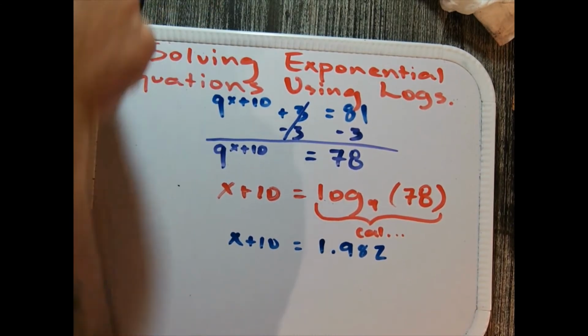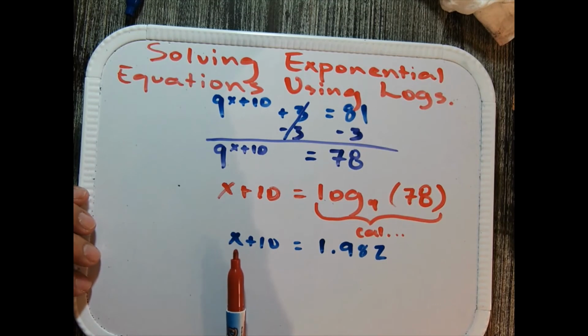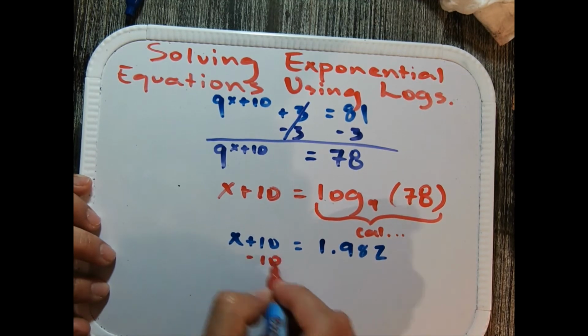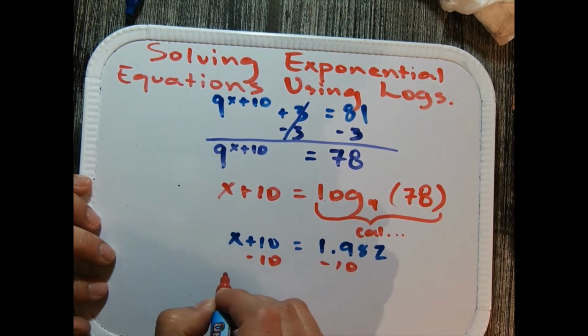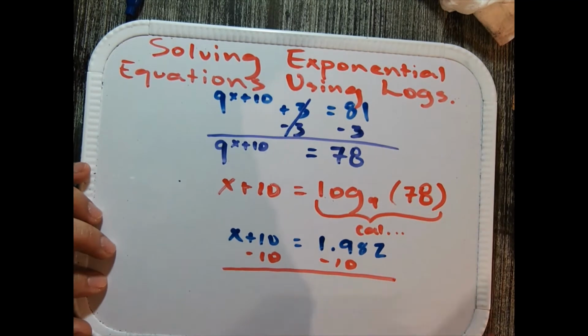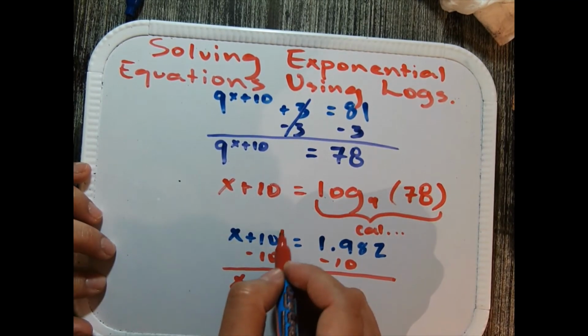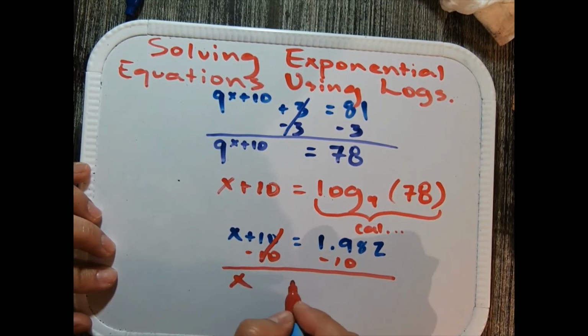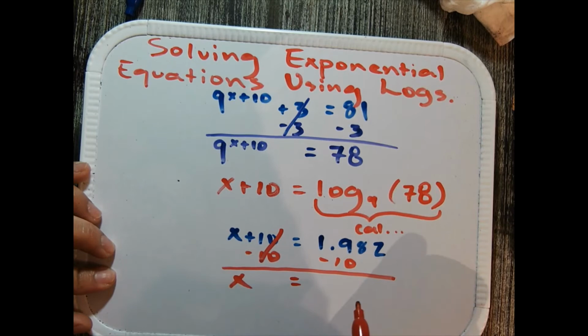Now, the last thing we're going to do, since we want x by itself, is get rid of this positive 10 by doing the opposite of plus 10, which is minus 10 on both sides. Bring down the x; positive and negative 10, that goes away. I don't have to rewrite it or put 0. Equals 1.982 minus 10, and we have more negatives.